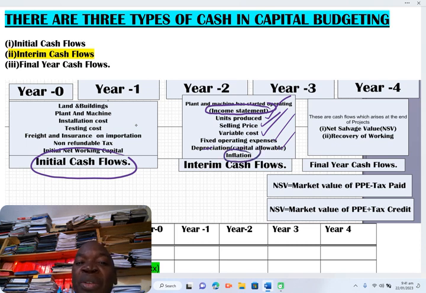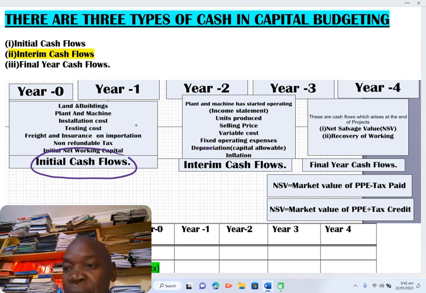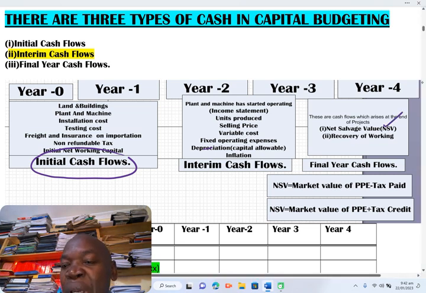Inflation is being accounted for because the cash flow will be passing through different years, which is subject to inflation in real terms. Okay, those are the interim cash flows. Next, we have the net salvage value and recovery of working capital in final year cash flow.